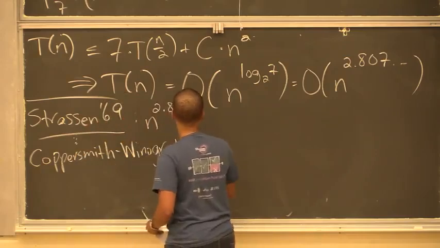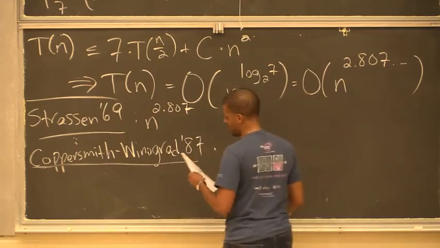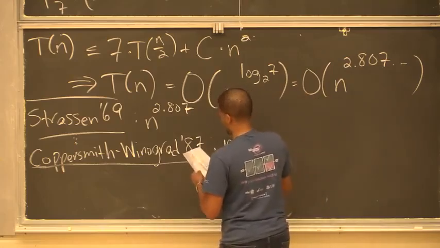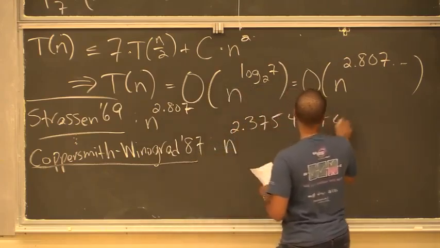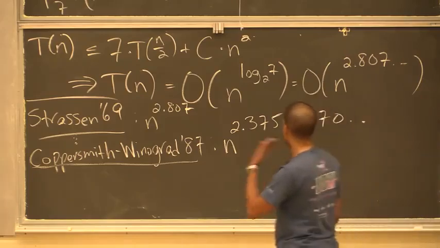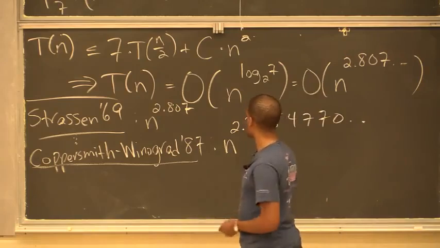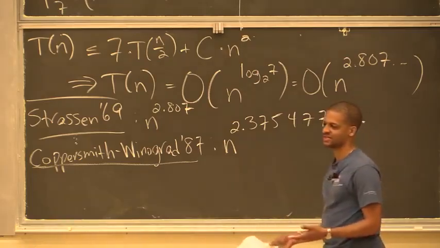That was 1987. And they got n to the 2.3754770, something. Okay, and when I was in college and most of my time in grad school, that was kind of the best that humanity knew.